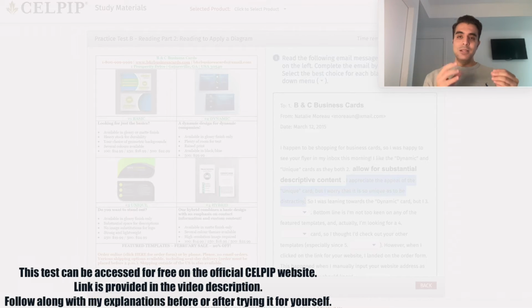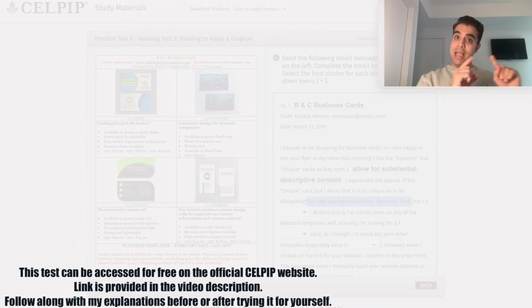Even a sentence that doesn't have a blank can give you clues, right? In this case, I know that the focus is specifically on the unique. Now, this sentence mentions something that the writer doesn't like about the unique. So the next sentence is, so I was leaning towards the dynamic card.